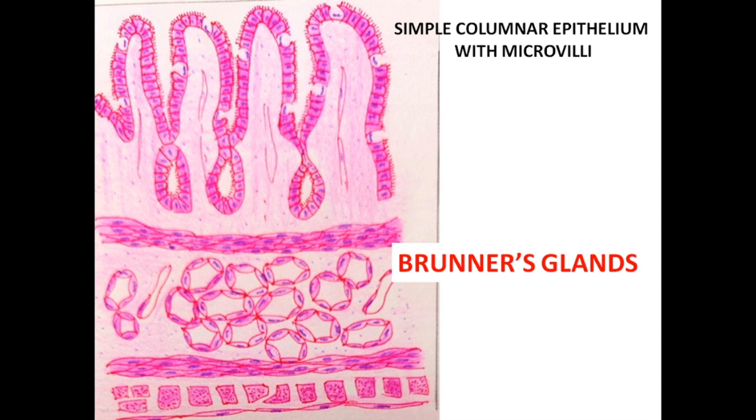They are called the microvilli, and that's why this border is also called the striated border. And in the submucosa here, there are lots of mucous glands, called the Brunner's glands. So that is the histology of the duodenum.